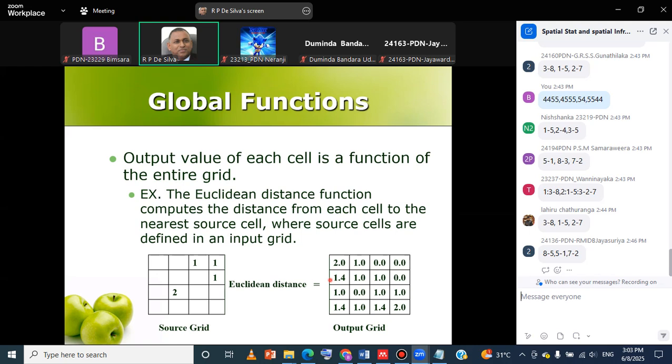So when you define the functions, you have to be careful, because you need to define functions properly, having understood the situation. Same with the Euclidean distance. If you are flying, Euclidean distance is okay, but you can't fly, so you have to go along the road.